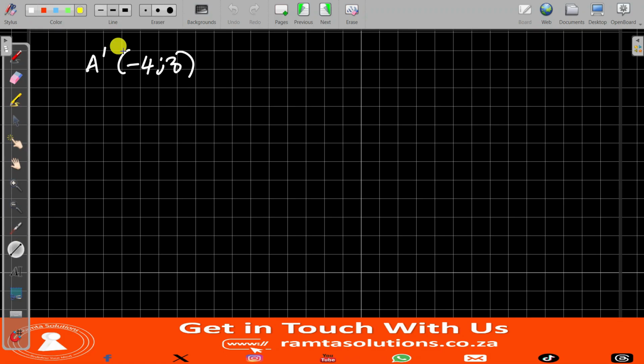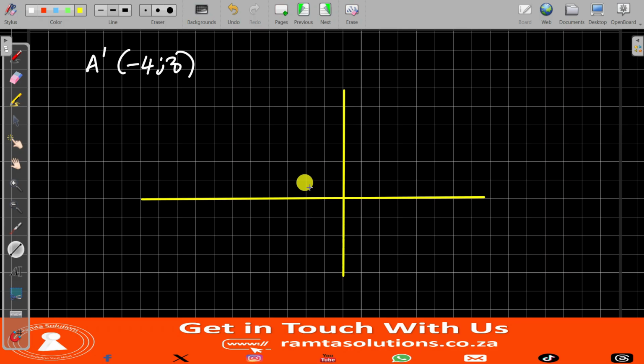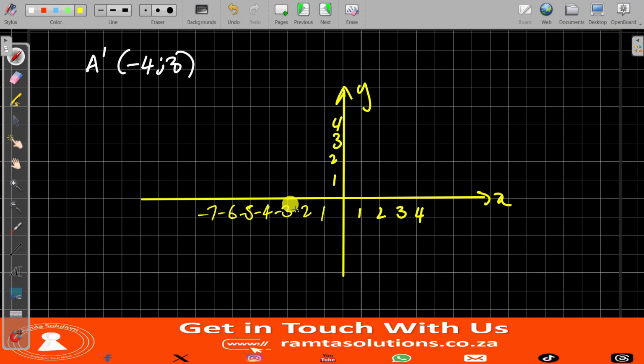Here, this is y, this is x. 1, 2, 3, 4, and then 1, 2, 3, 4, 5, 6, 7. I hope I'm right. And then the point 2, 3.